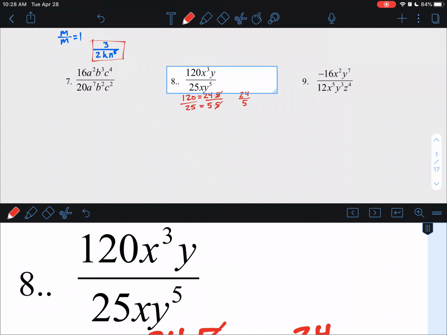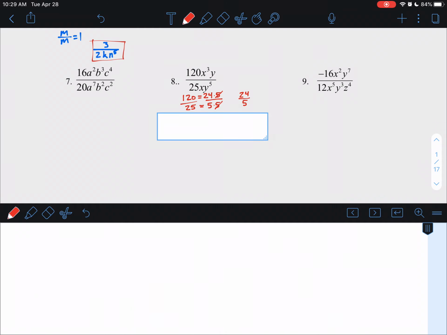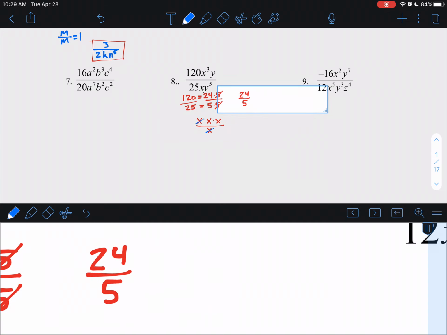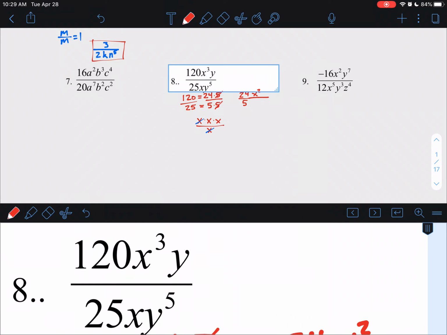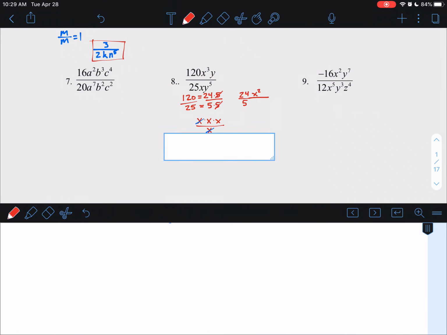Okay, so that is going to be the first part of my fraction. And then I have x to the third over x. So I got x times x times x over x. Cancel things out, and I'm left with 2 x's in the numerator. So I'll come back to my solution here. I said there were 2 x's in the numerator, so I've got x squared up there. And then I have y over y to the fifth.